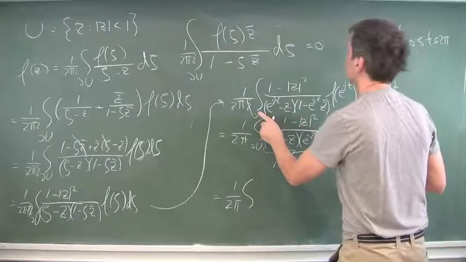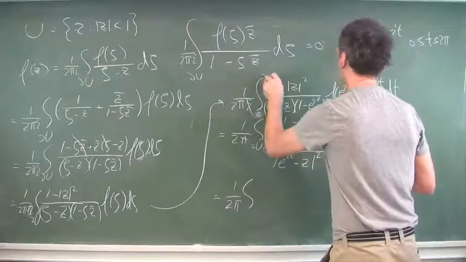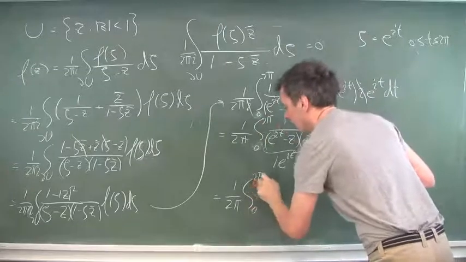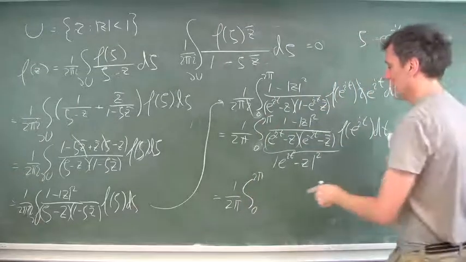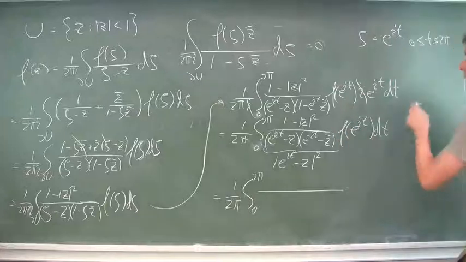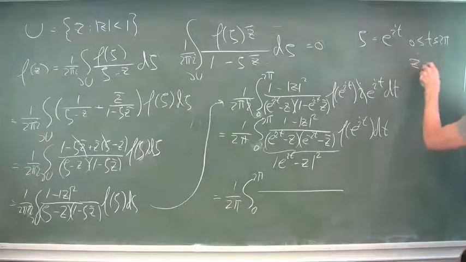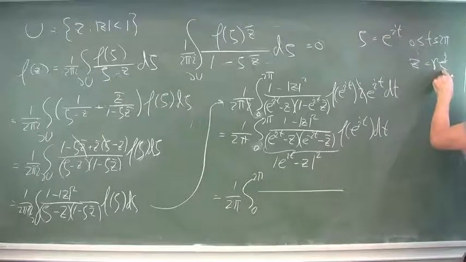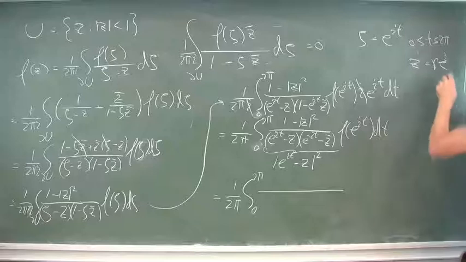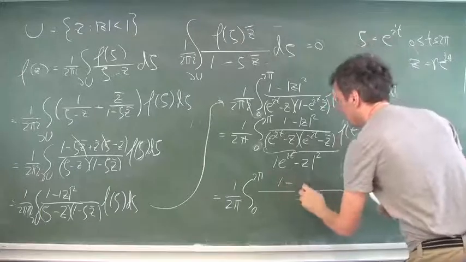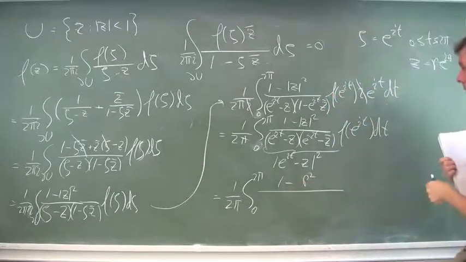Here we should write this as an integral from 0 to 2 pi now that we have parameterized. And so we have 1 over 2 pi times the integral from 0 to 2 pi of, and if we now write z in polar form, like r times e to the power i theta, then we see that up here we get 1 minus r squared.